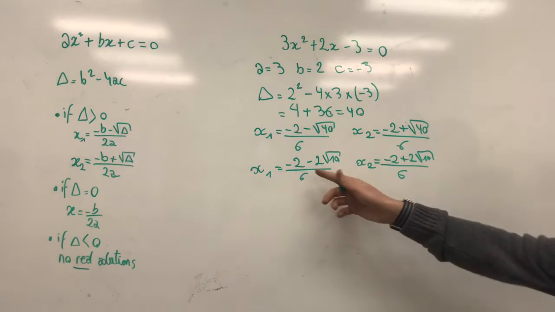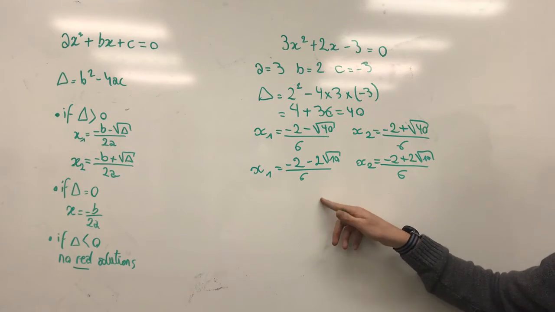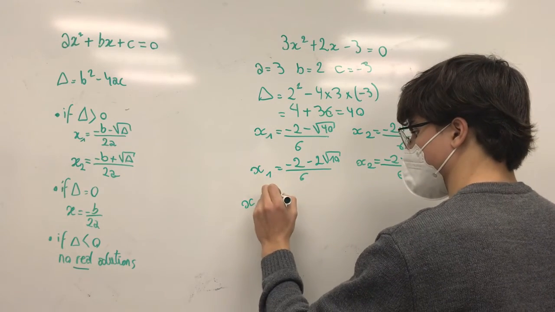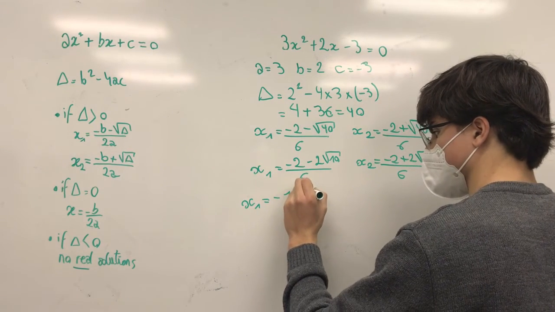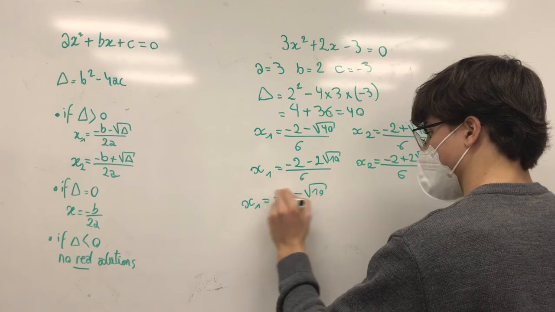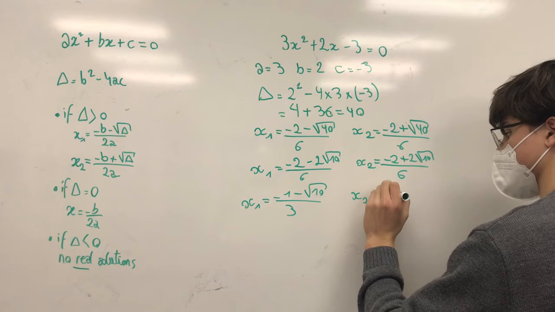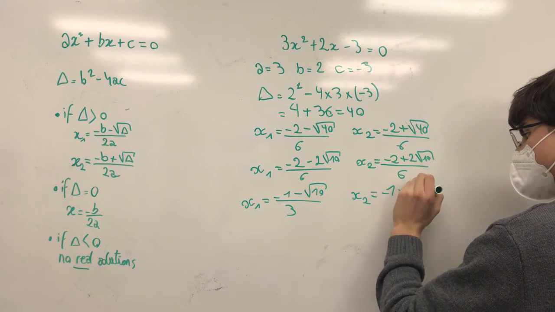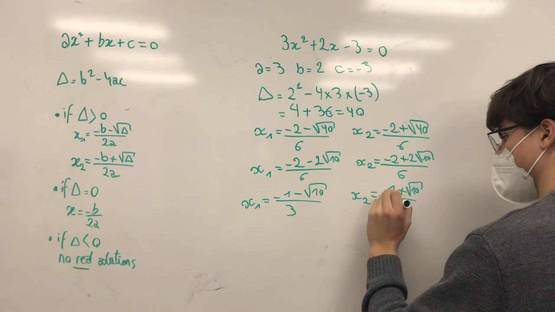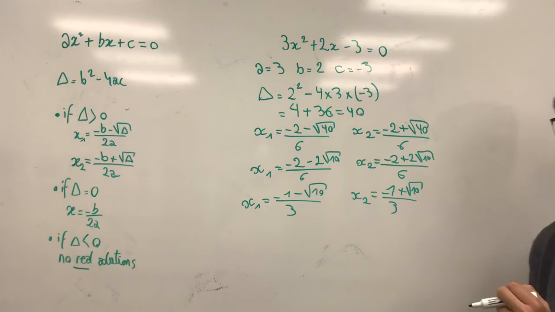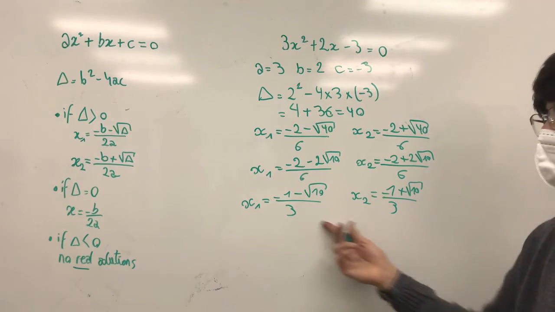And now, because 2 and 6 can be divided by 2, we get x1 equals minus 1 minus square root of 10 over 3, and x2 equals minus 1 plus square root of 10 over 3. Ta-da! We just solved our second degree equation, and those are the solutions.